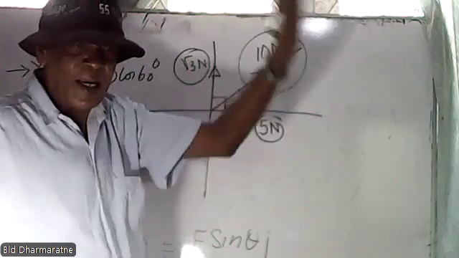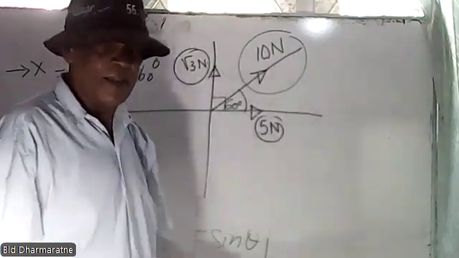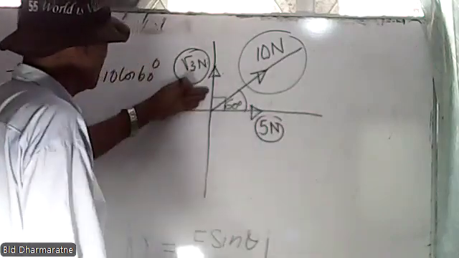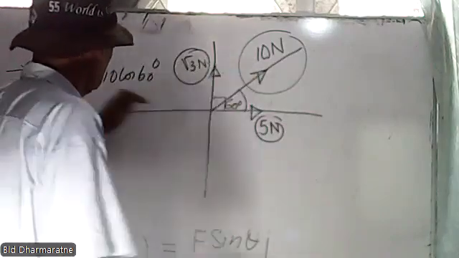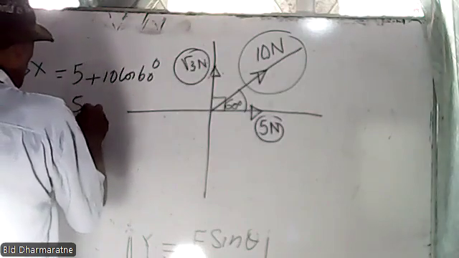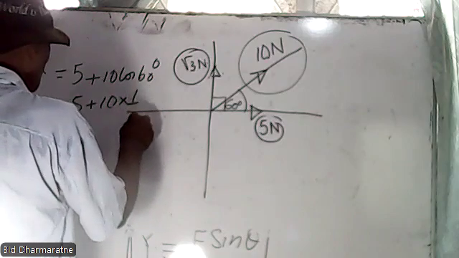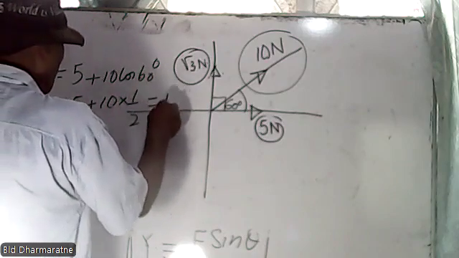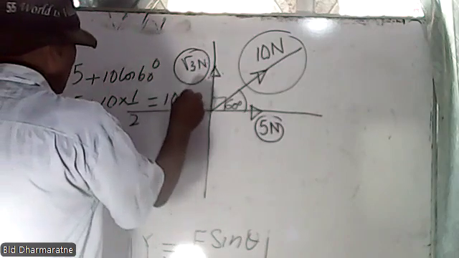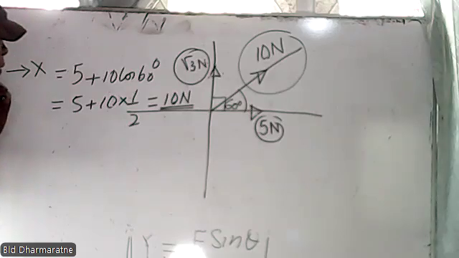If the vertical direction is considered, we neglect the horizontal force. This is the vertical force, this is neglected. Only calculate this: 5 plus 10 into cos 60, which is half. This calculates to 10 Newton. This is the x component, 10 Newton.